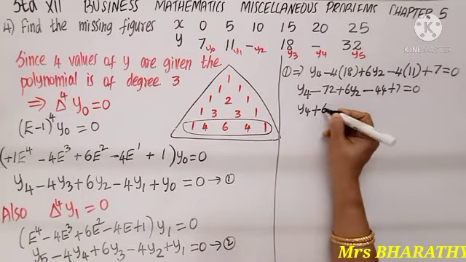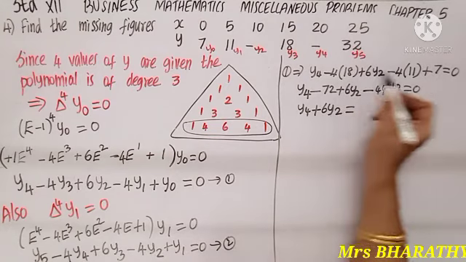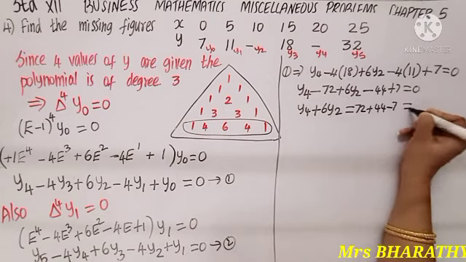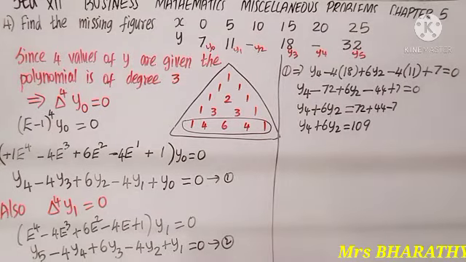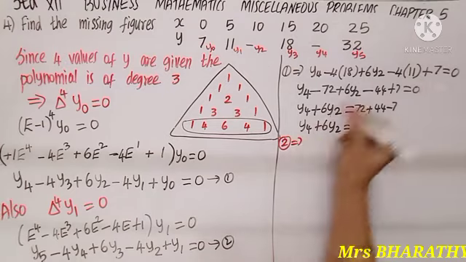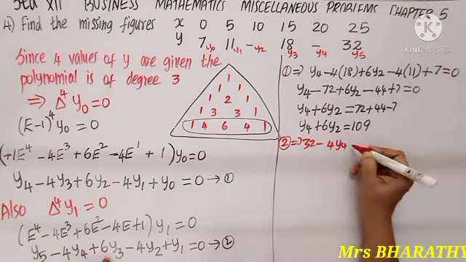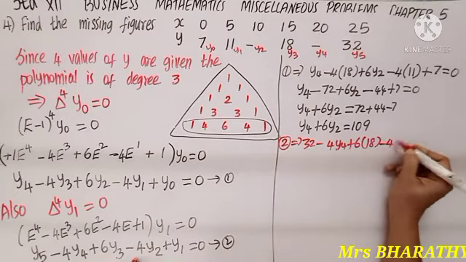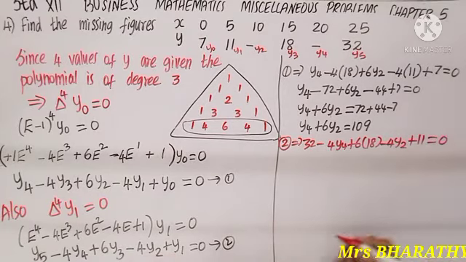y4 plus 6y2 equals minus 72 goes to the right plus 44 minus 7, or use your calculator and simplify as 109. Second equation, y5 32 minus 4 y4 plus 6 y3 is 18 minus 4 y2 plus y1 is 11 equal to 0.